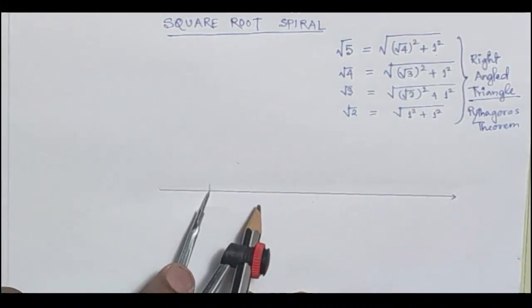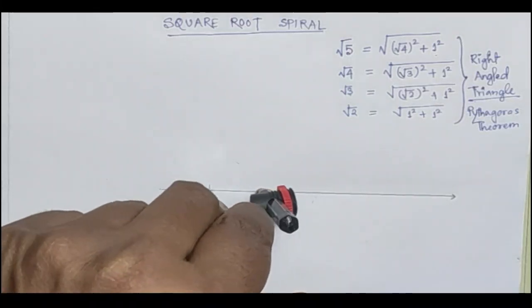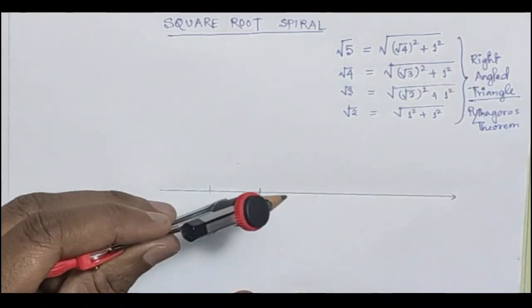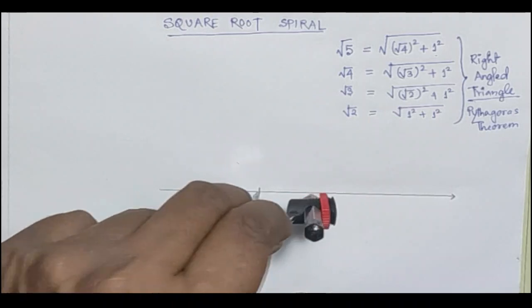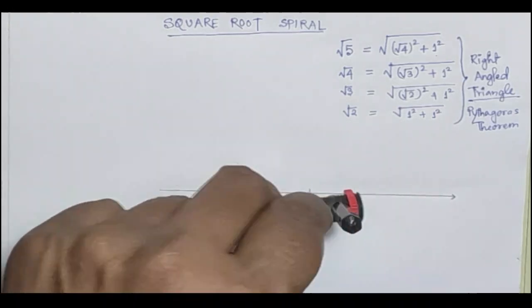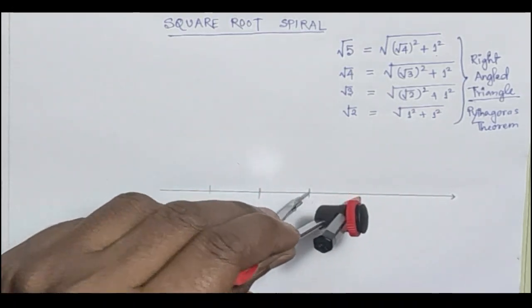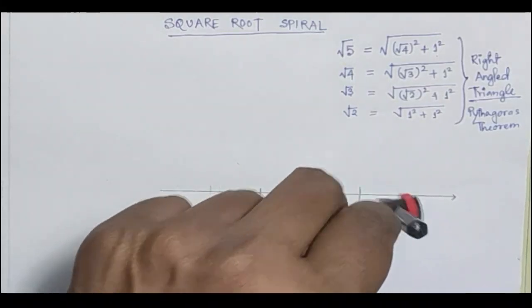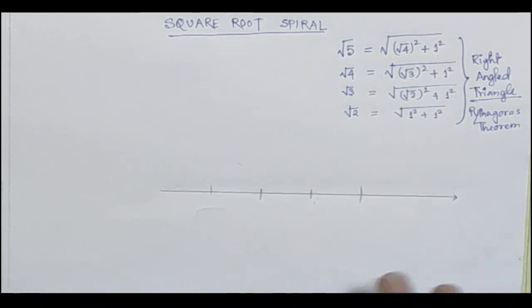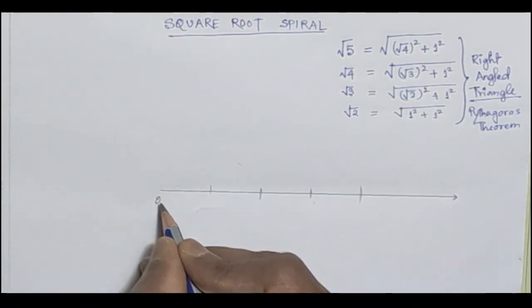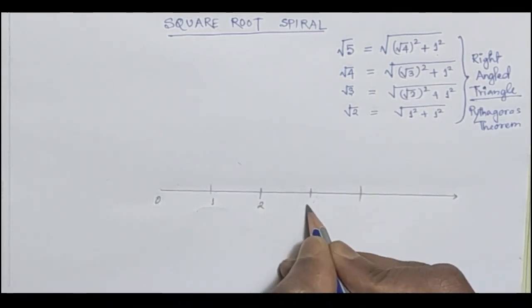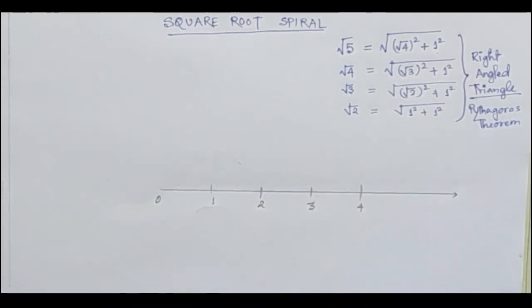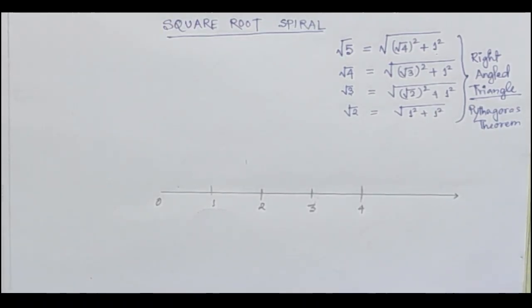From this 1 unit point you mark it again. This is 2 units. From the 2 unit point you mark it again. This is 3 units. Here the error decreases. This is 4 units, and we don't need more in our case. Let us mark it 0, 1, 2, 3, 4. So the number line is drawn.